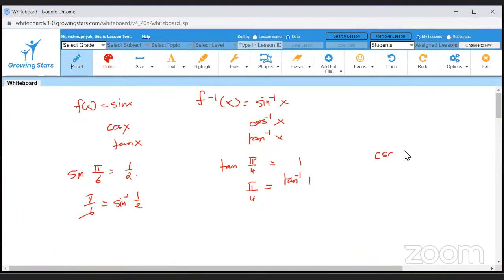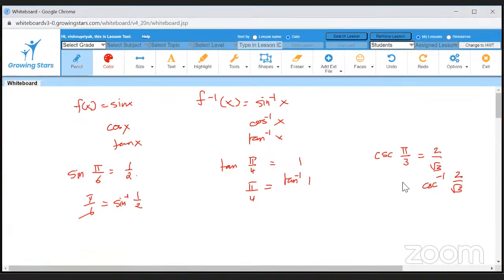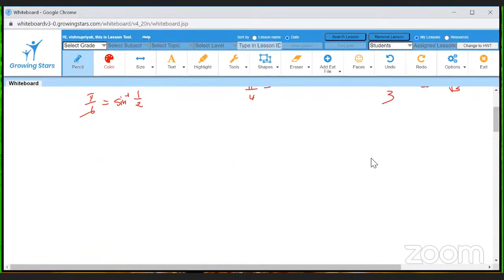You know, cosecant pi by 6 equal to 2. Or instead of pi by 6, I will take pi by 3. What is cosecant pi by 3? 2 by root 3. So cosecant inverse 2 by root 3 is pi by 3. This is what happens for inverse functions.